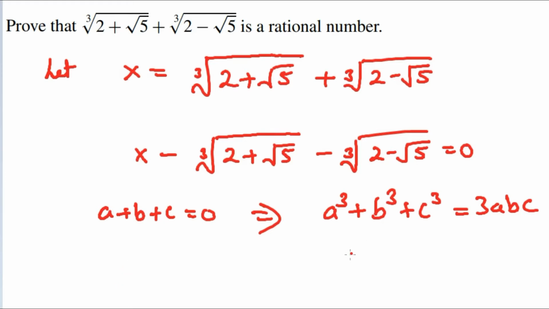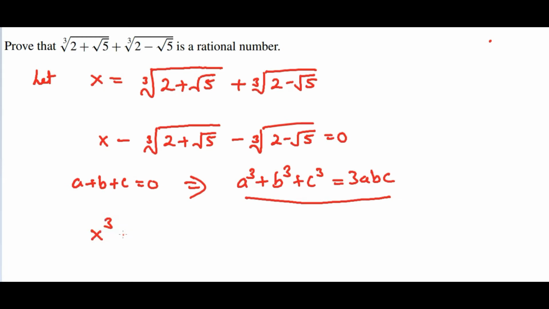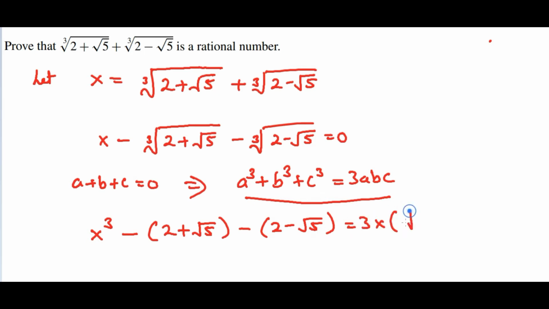So let's apply this here, and what we are going to get is x cube, negative of 2 plus root 5, negative of 2 minus root 5, and 3 times all the multiplications. Let me write them in a bracket of cube; we can take the cube root of both of them as common, because both have the same root. So we got it like this.